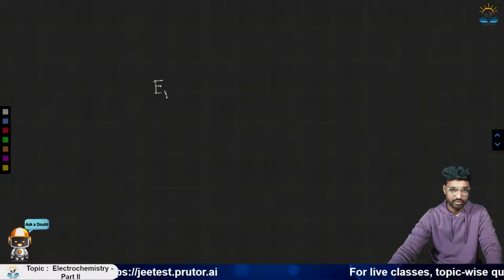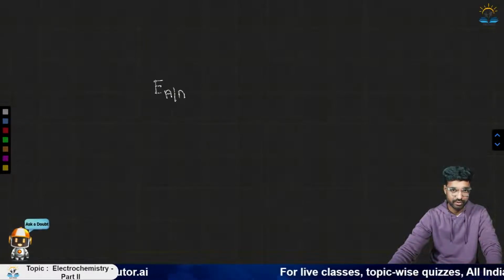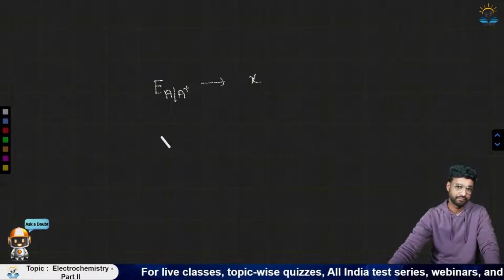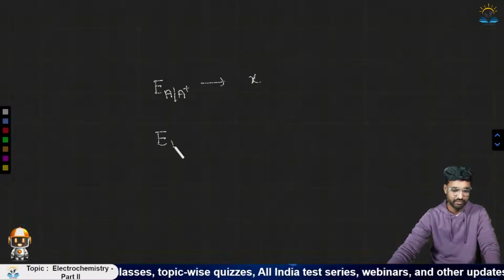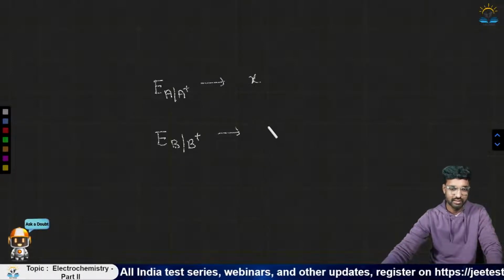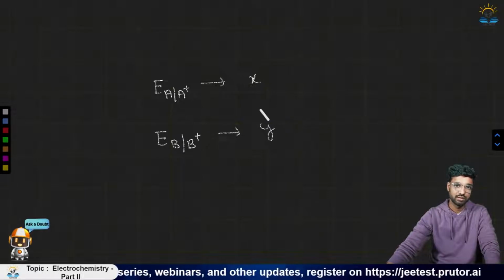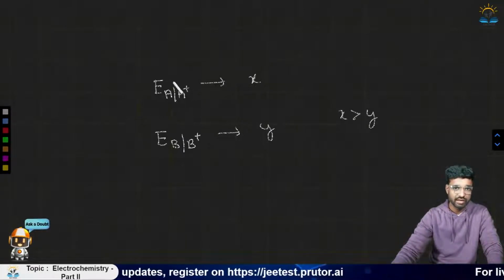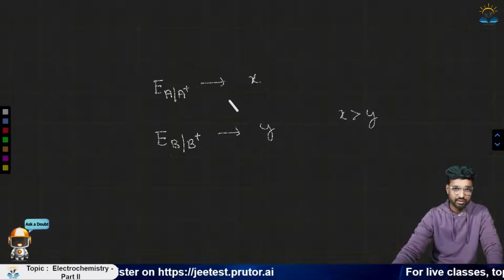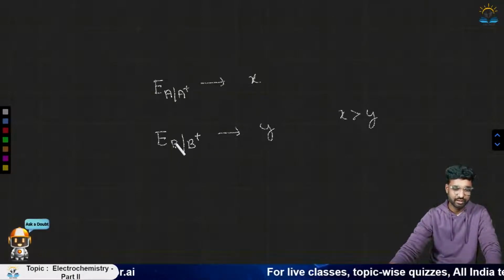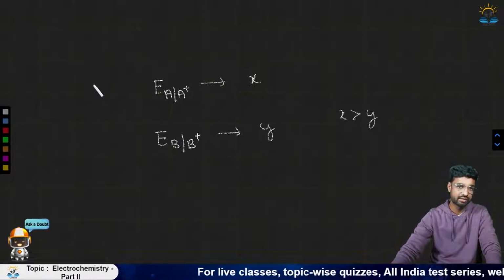Say we are going from A to A+, and its reduction potential is given as X, and we are going from B to B+, then its reduction potential is given Y. Now if X is greater than Y, it means that this will get reduced because its reduction potential is greater, and this one will get oxidized.